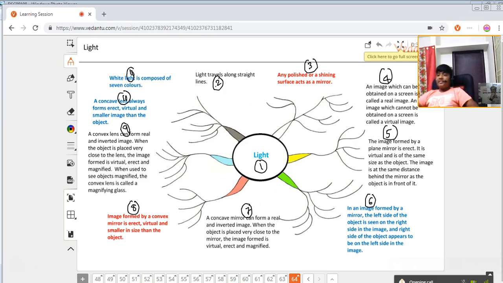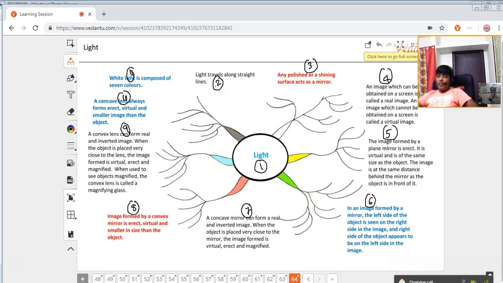When an object is placed very close to a convex lens, it is magnified. And in a concave lens, it can only form an erect, virtual, and smaller image than the object. That is something that you should remember.